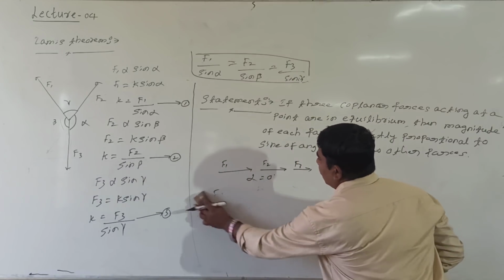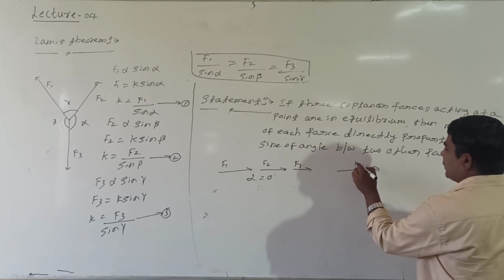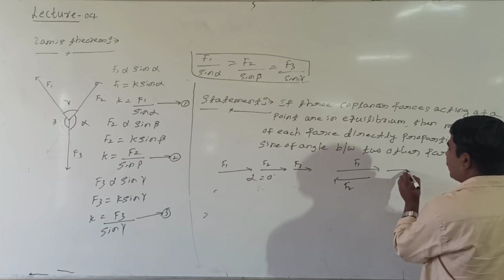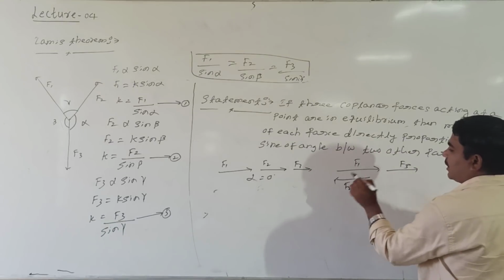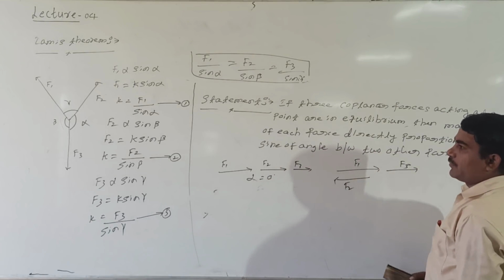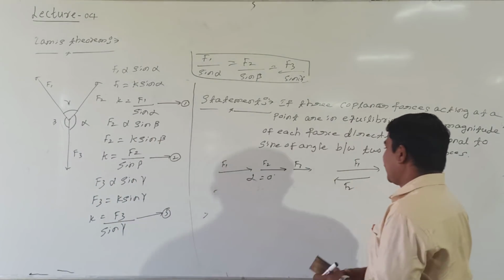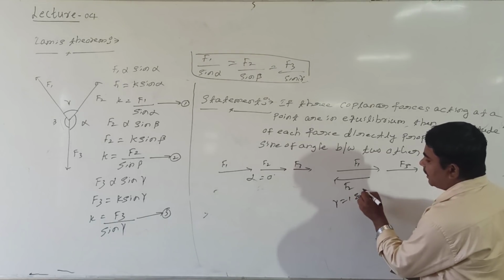Look at me here. Now three vectors, not like this. If one vector is like this, F1 is there. The second vector is like this, F2 is there. Then what about the third vector? This is F3 now. F1 and F2, what angle is between them? The gamma angle. Gamma equals 180 degrees.